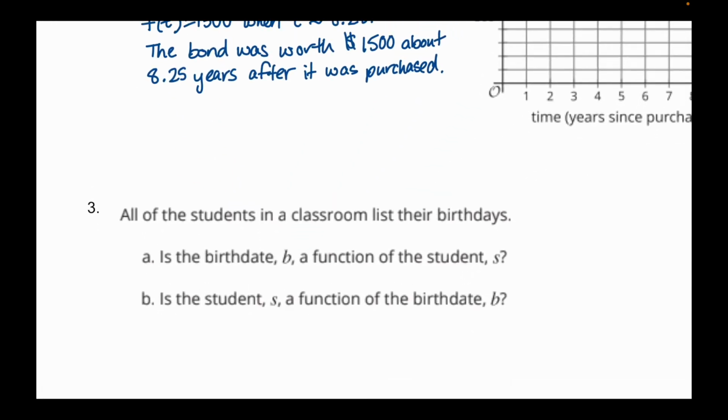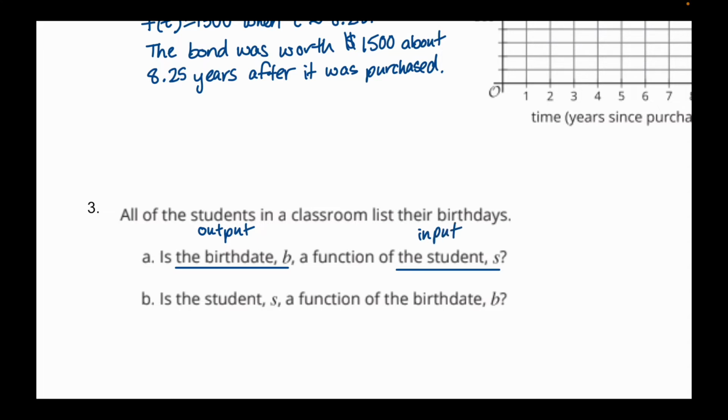All of the students in a classroom list their birthdays. Is the birth date a function of the student? And then we have the opposite question, is the student a function of the birth date? So when they say blank is a function of blank, that would mean they're asking output and input.